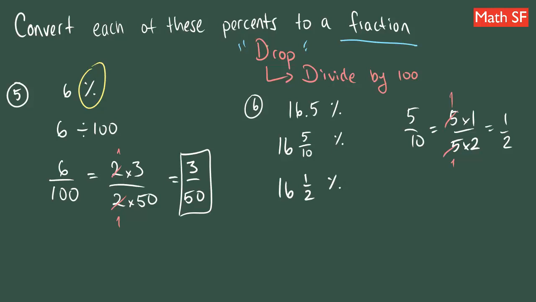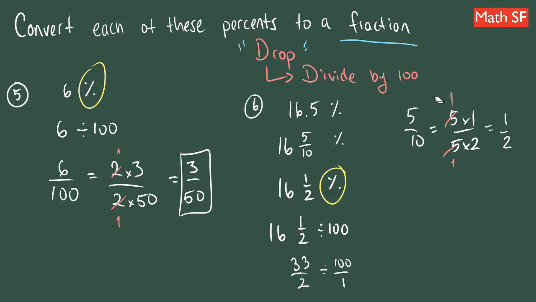Now I must drop this percent sign that is here. I want to get rid of that, so I must divide by 100. Drop the percent, divide by 100. So 16 and 1/2 divided by 100. But in our step of dividing fractions, this has to be a fraction, so I have to do 2 times 16 should be 32, plus 1 is 33, and keep the same denominator, 33 over 2, divided by 100 over 1.